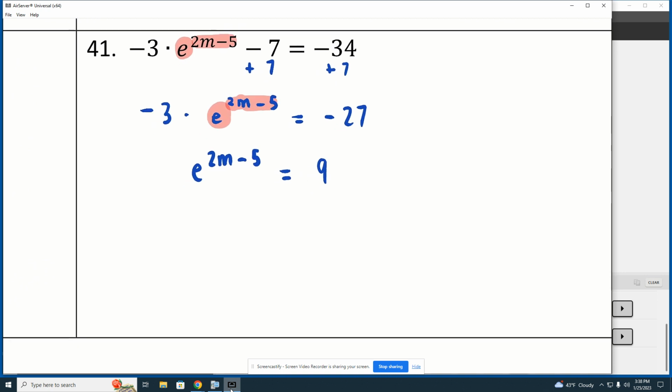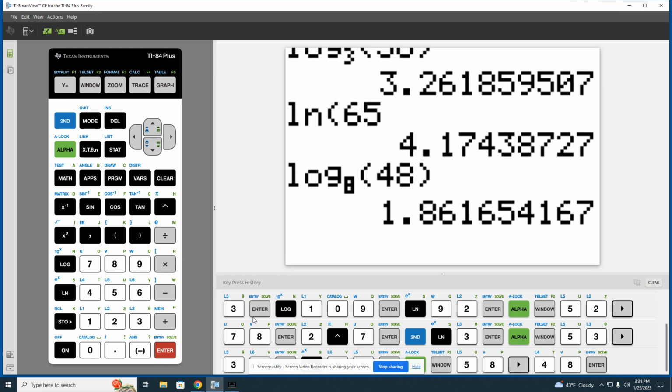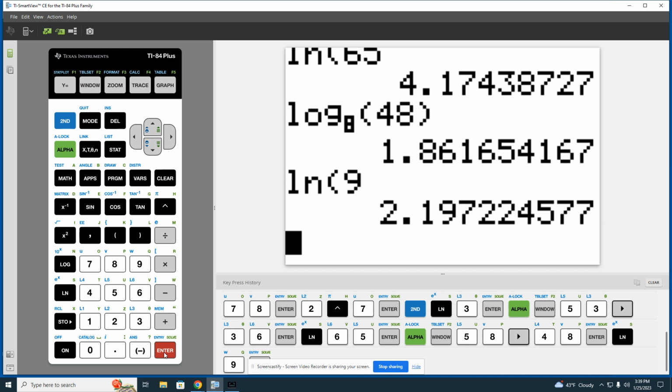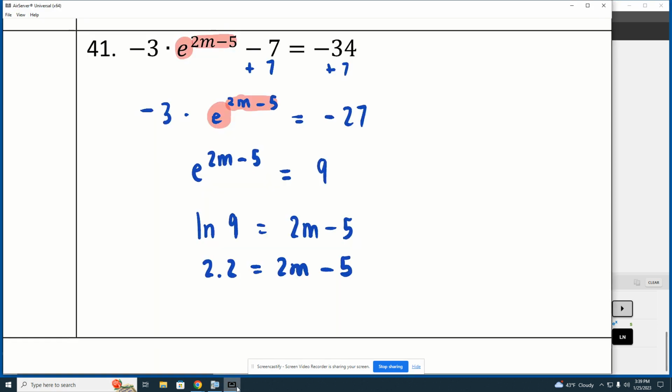So when I rewrite this as a logarithm, I use ln, understood base e, of 9 equals 2m minus 5. So let's go type in ln of 9. I get 2.2 equals 2m minus 5. All right, let's go back to our paper. So we're going to add 5. That's 7.2 equals 2m. And then I'm going to divide by 2, so m equals 3.6.